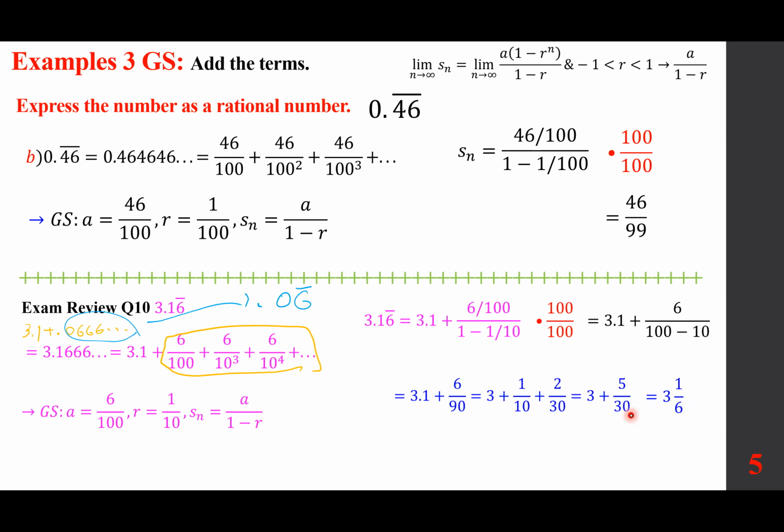And again, as I mentioned, maybe in WebAssign they want you to multiply and write 3 times 6 plus 1, 19 over 6. But anyways. The only reason I picked this one is because it's a little bit different than this, okay? But it's not by much. It's really doable, okay?